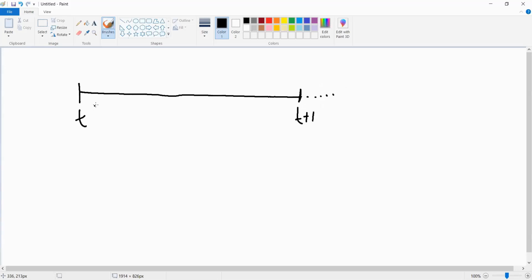At the beginning, the agents consume, and then they make their decisions, then they receive information about the future, and we're off into t plus 1, where maybe there's a new value of productivity or whatever it is that may be random here.